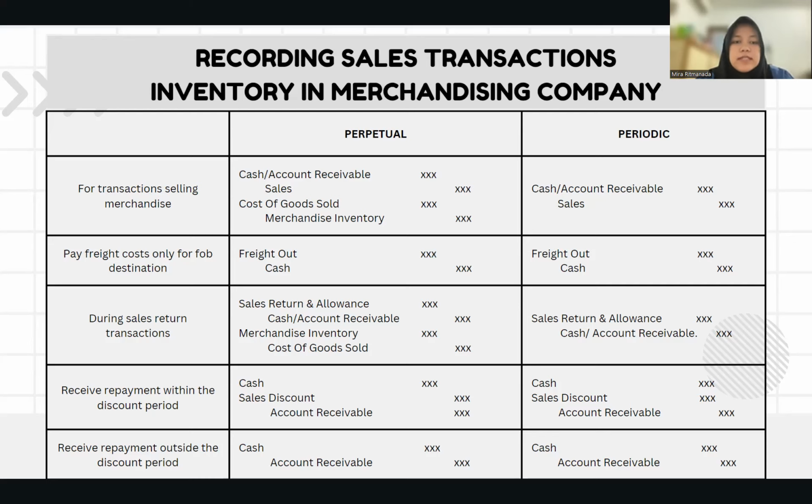Receiving repayment within the discount period, both the perpetual and periodic systems will record cash and sales discount on debit, while accounts receivable is on credit.